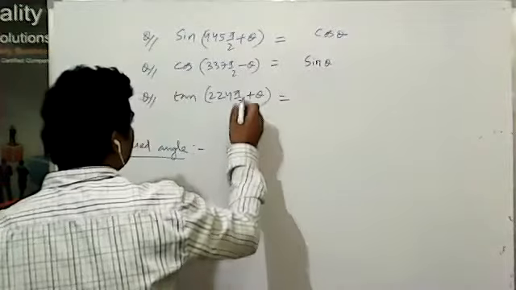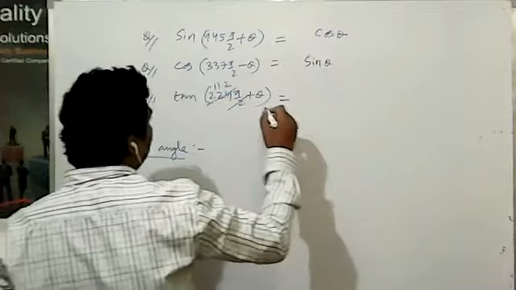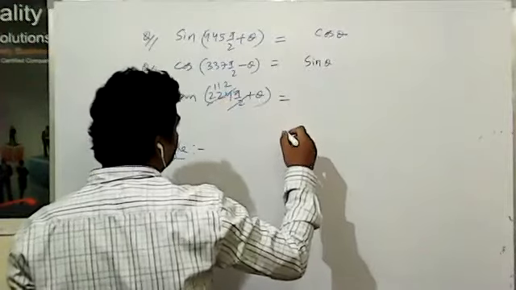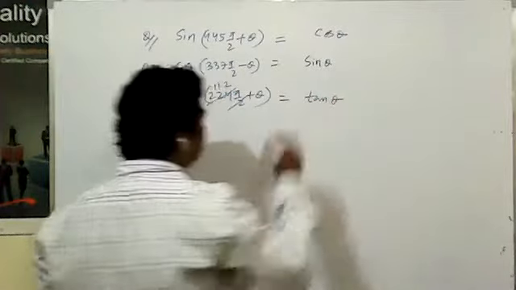Here, this is even π plus θ, which is the first quadrant, so that's why this is tan θ.